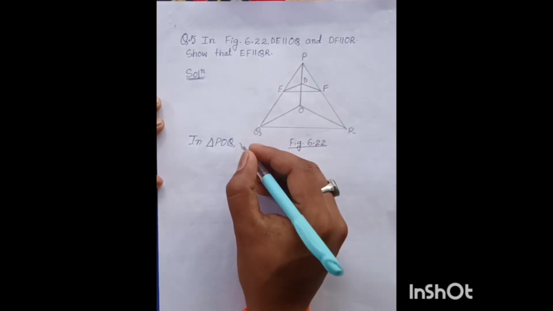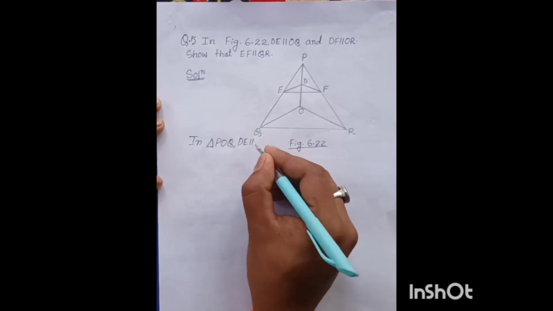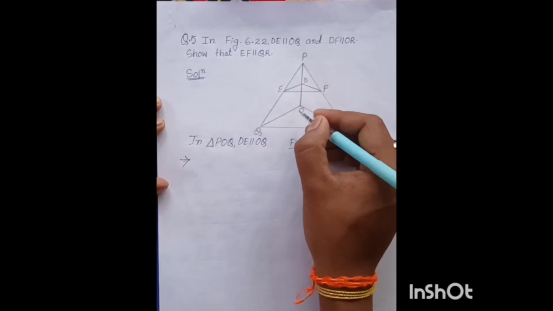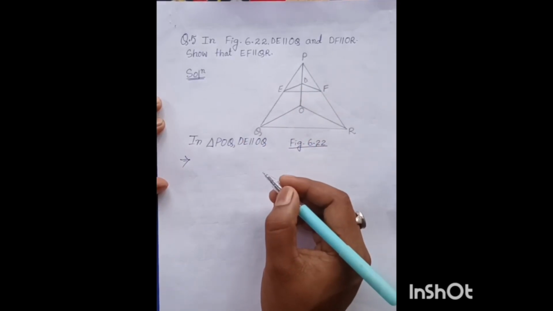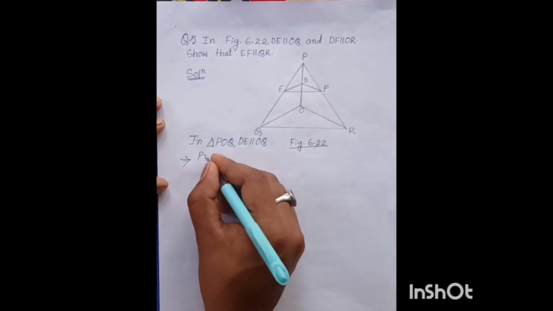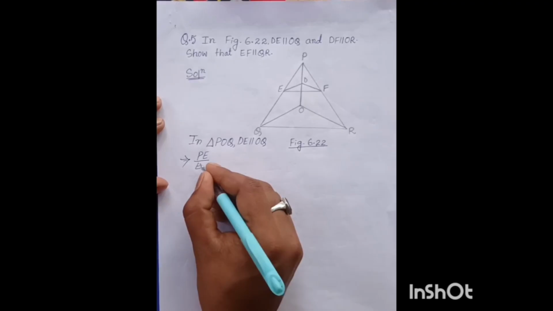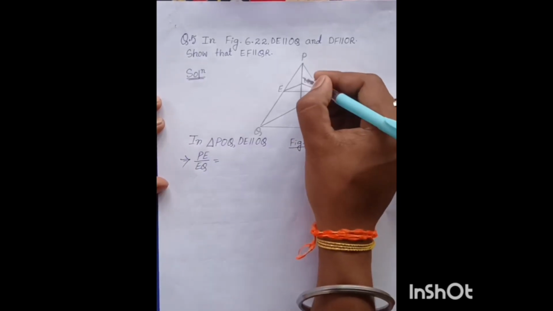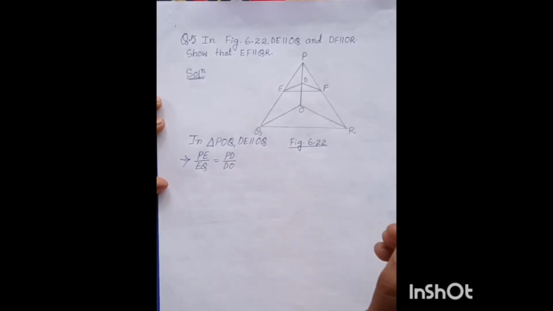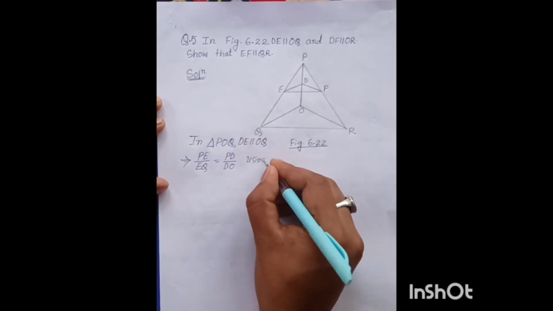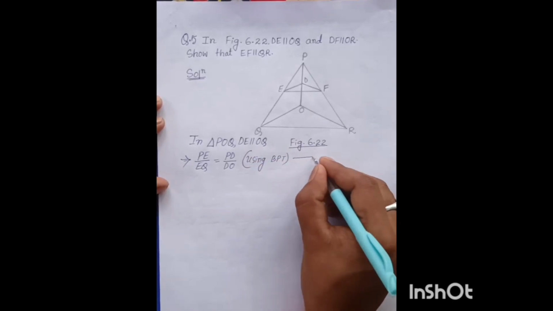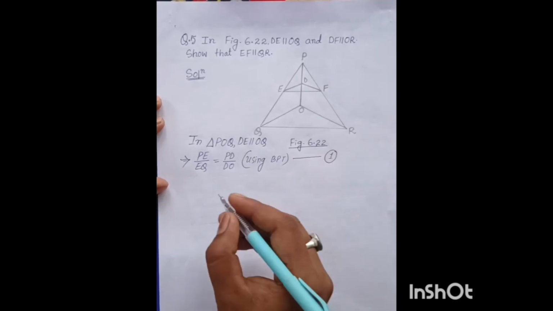If DE is parallel to OQ, then I can apply Thales theorem in this triangle: PE by EQ equals PD by DO, using BPT. This is equation number 1.